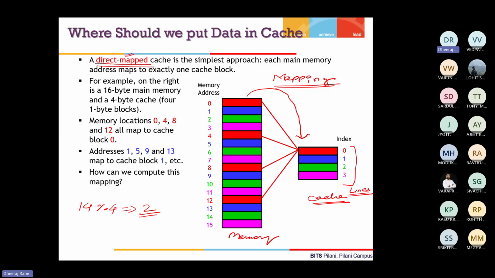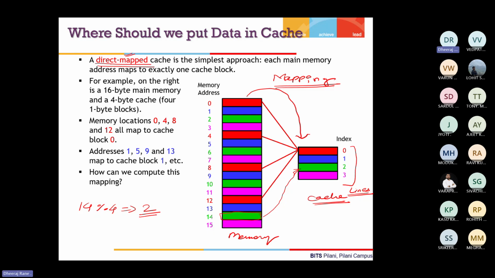So whenever this block is to be brought into the cache, it will always be block 2 within the cache. Here it is very few in number because only 4 blocks are there, so every time the replacement will happen.